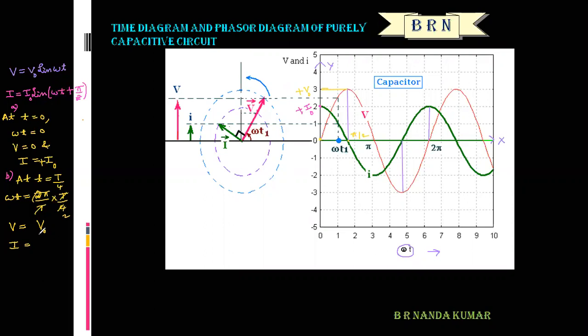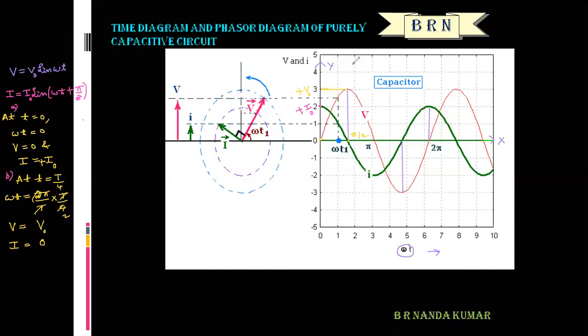Sine pi is 0, and 0 times anything is 0. So the current is 0. As the time varies from 0 to T by 4, the current gradually decreases but the voltage gradually increases. Exactly at time t equal to T by 4, the current becomes 0 and the voltage becomes maximum, plus V naught.